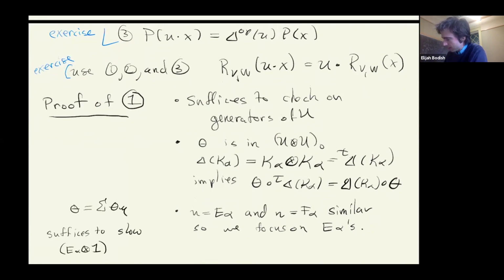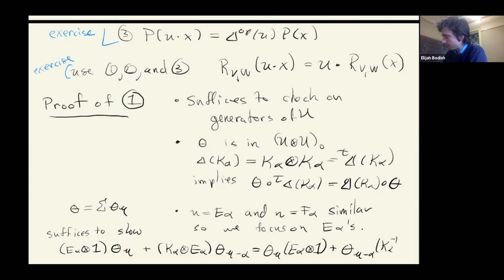So if I do E alpha tensor 1 theta mu plus K alpha tensor E alpha theta mu minus alpha, that's equal to theta mu E alpha tensor 1 plus theta mu minus alpha K alpha inverse tensor E alpha.